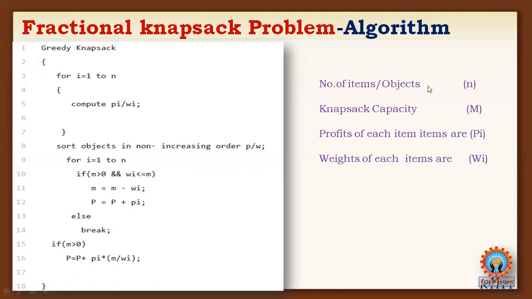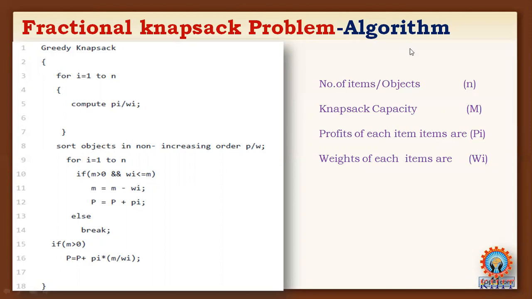Items or objects are specified with the term n, and the knapsack capacity is always denoted with capital M. Profits of each item are specified with Pi, whereas the weights of each item are specified with Wi. Here i represents the sequence of profits as well as weights, from 1 to n.